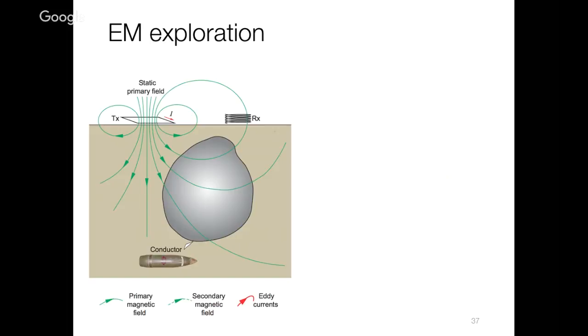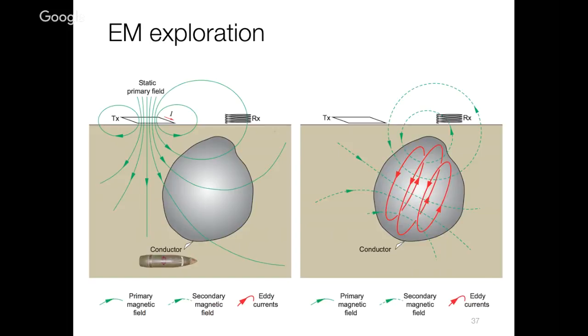Suppose we've got a loop of wire up here, and we have a current that's changing, and that's going to give rise to a magnetic field that's time varying. If we have a conductor in here, it's going to generate currents in this conductor, and those currents are going to generate magnetic fields that we could measure.